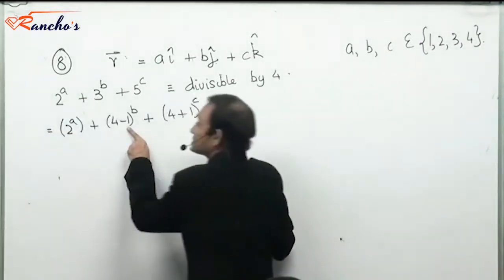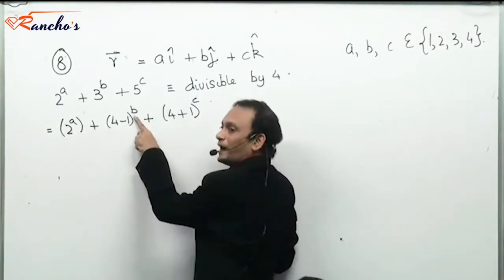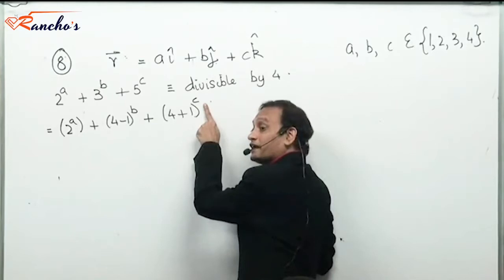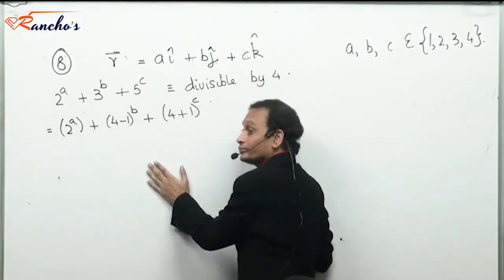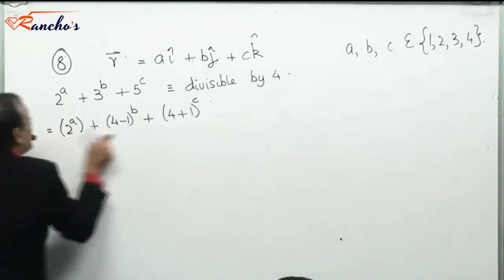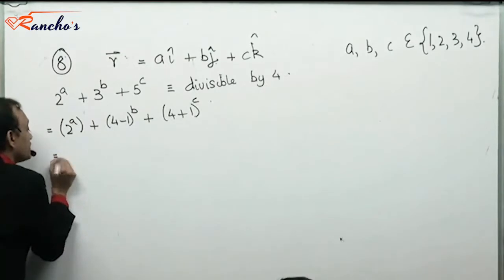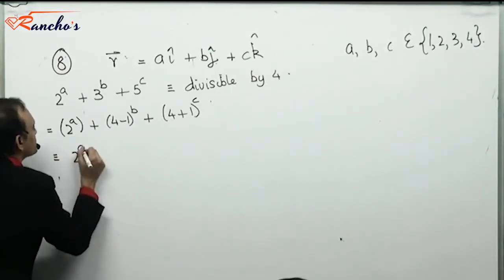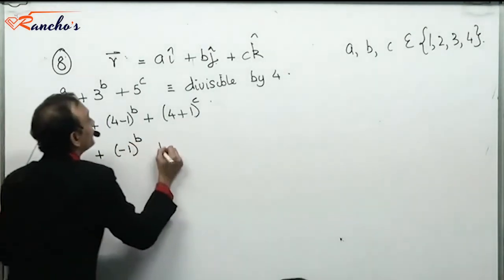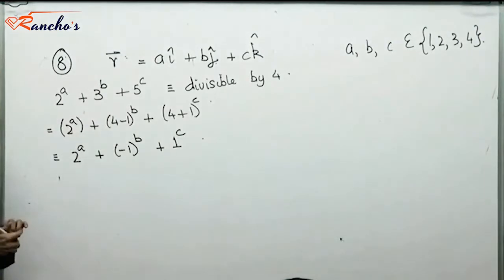If you expand this, all terms will contain 4 except the last term, which is minus 1 to power B. The last term of this expansion is 1 to power C. That will not contain 4. Everything else will contain 4. Right? Yes or no? So divisibility of this by 4 is equivalent to talking of divisibility of 2 to power A plus (minus 1) to power B plus 1 to power C by 4. Yes or no?